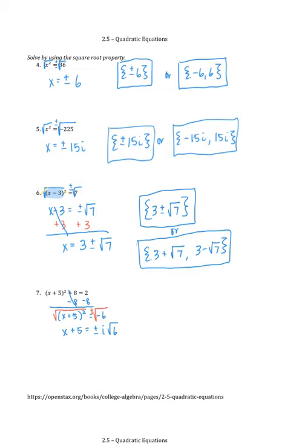Now I need to get the x by itself. So subtract 5 from both sides. And so we get x equals negative 5 plus or minus i square root of 6. Now you can go ahead and write this in this way. So those are my 2 solutions.